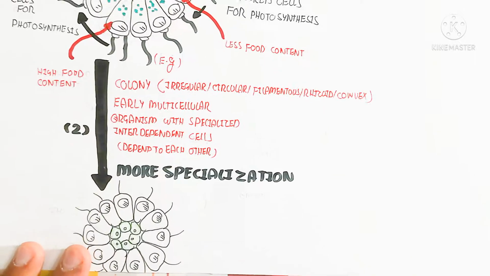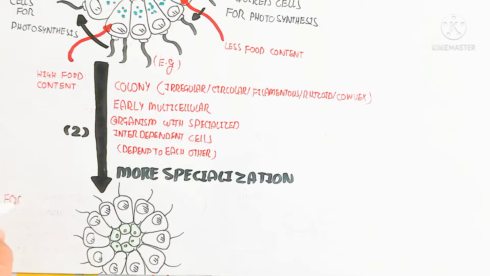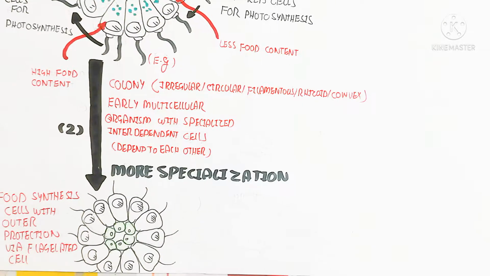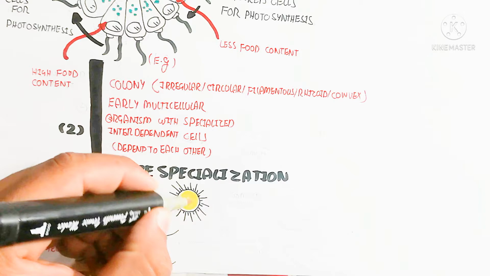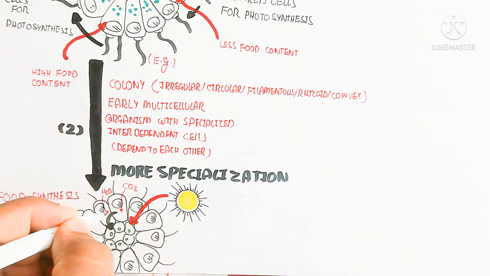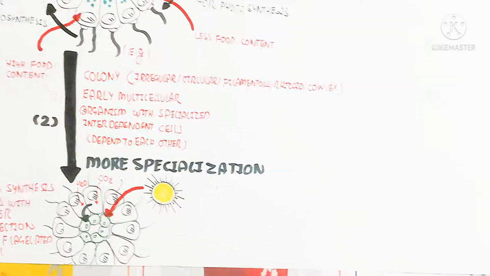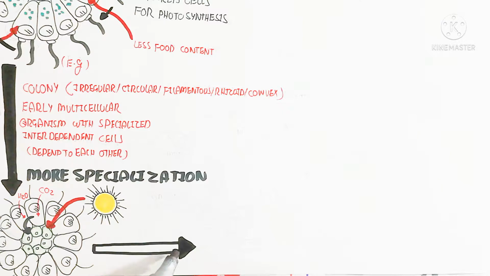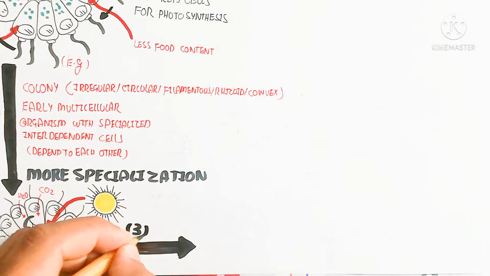How is it possible? Early multicellular organisms with specialized cells depend on each other. Here are the food synthesis cells with outer protection via flagellated cells. Here the light will fall. It will become a specialized cell containing chlorophyll, but the flagellated cell will shift the chlorophyll into another specialized cell.